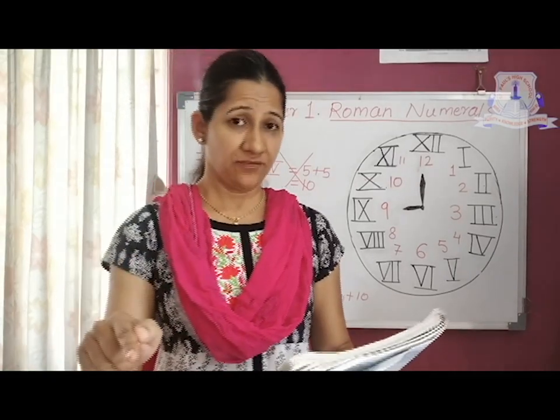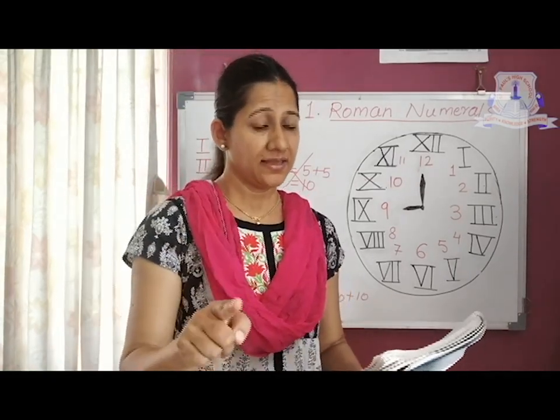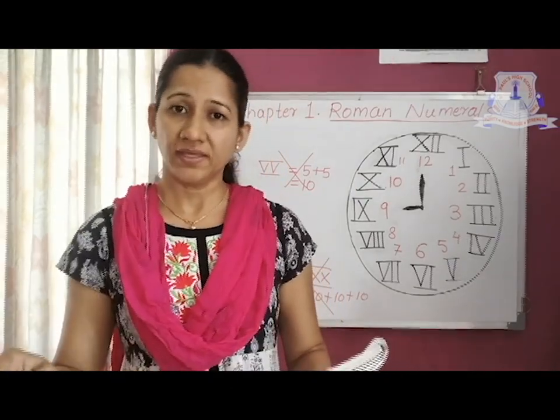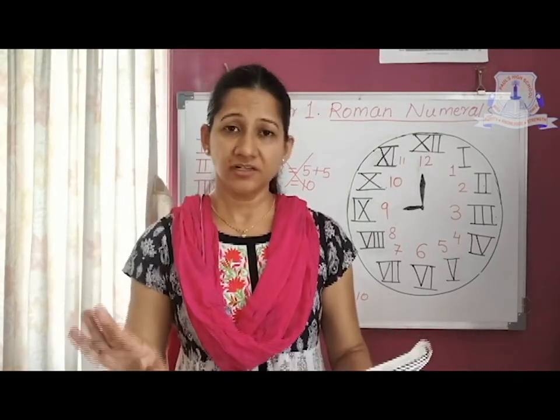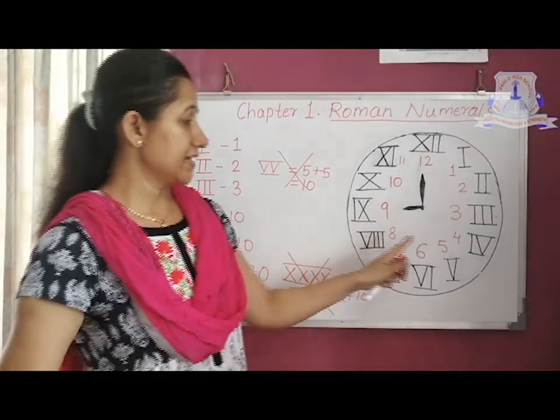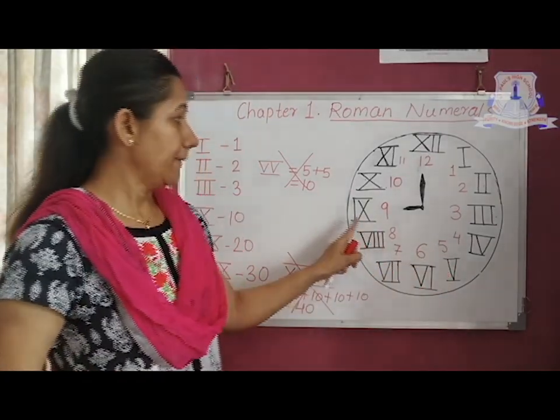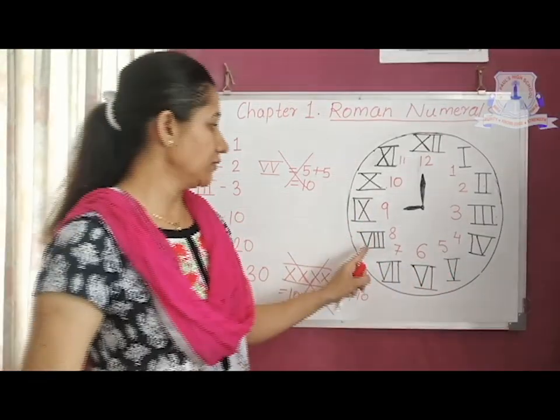So they are specifying regarding letter I or letter V. If it is written to the right hand side of the bigger number, then its value is added.